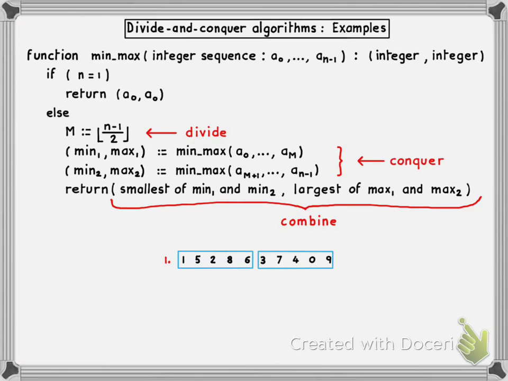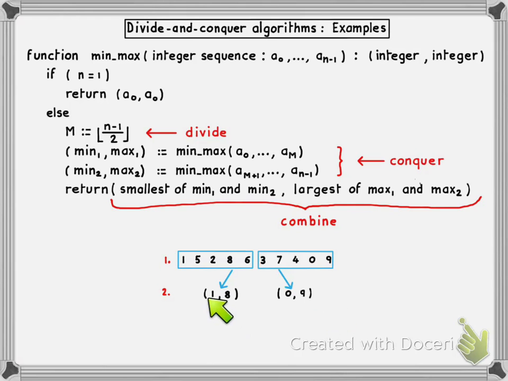Then the first recursive call is going to find the minimum and maximum values in the first subsequence, namely 1 and 8. Then the second recursive call is going to solve this second subproblem and return the pair 0, 9. So again, this is the divide step, this is the conquer step, and finally we need to combine these two intermediate results into the overall result.